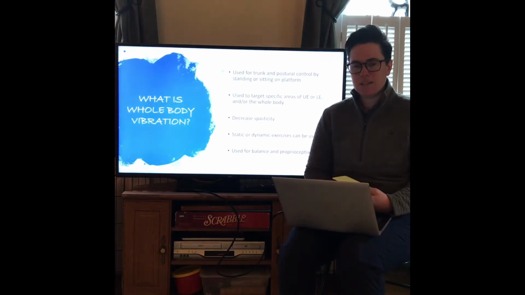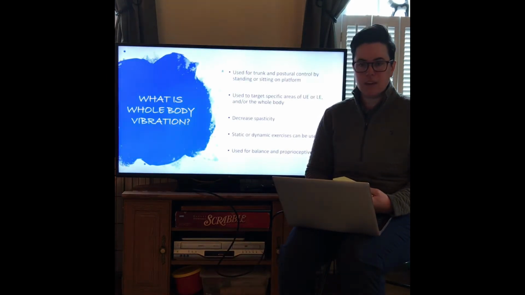It can be used, as I mentioned, to target specific areas to decrease spasticity, either in your upper extremity, lower extremity, or the whole body by using a platform. Static or dynamic exercises can also be used in conjunction with the vibration. And it also can be used for balance and proprioceptive training.